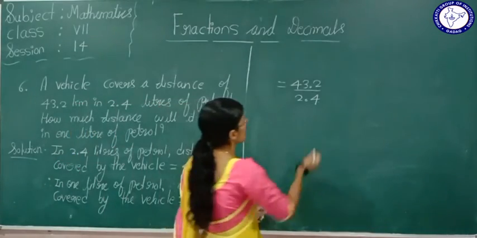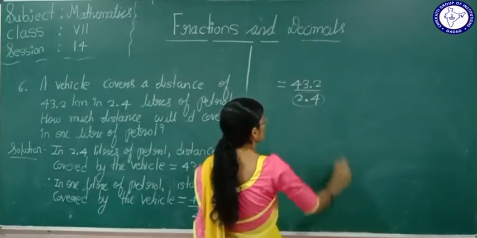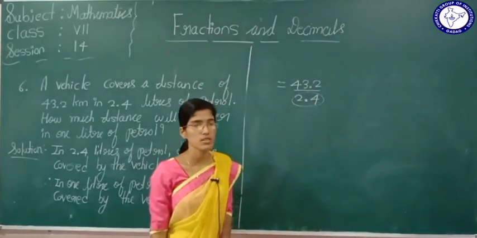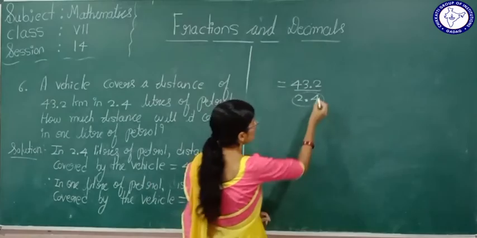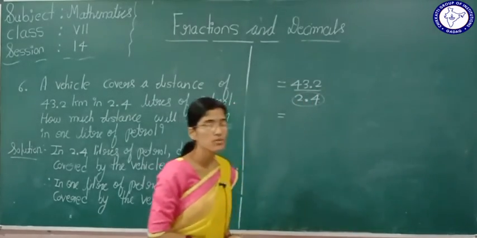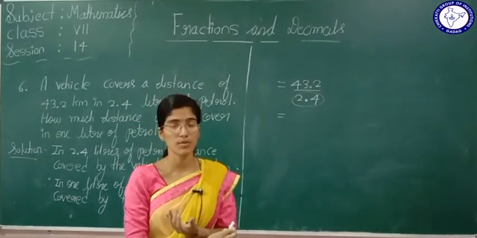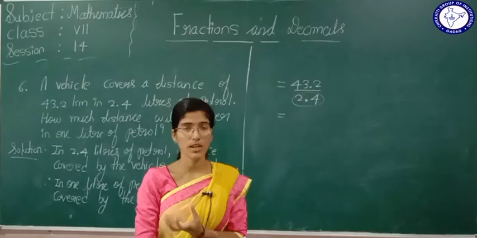Now see here, the divisor is a decimal number. So what will we do? I told you that the divisor should not be a decimal number. You convert it into a whole number, and our work will be very easy.